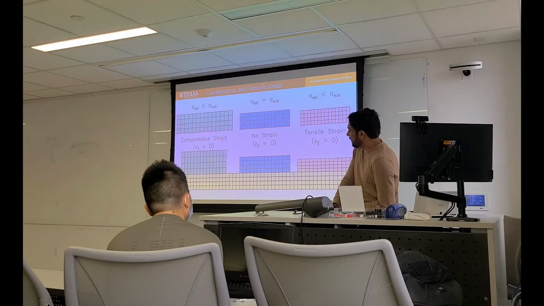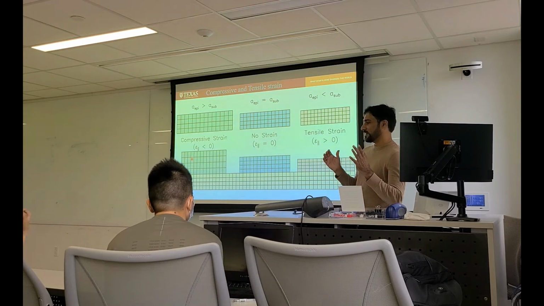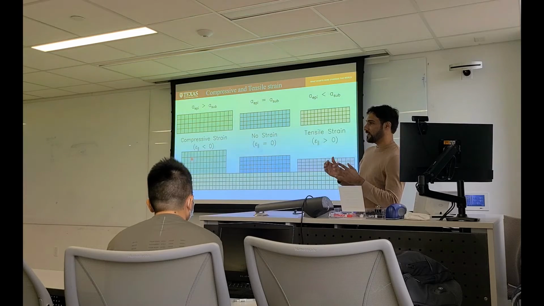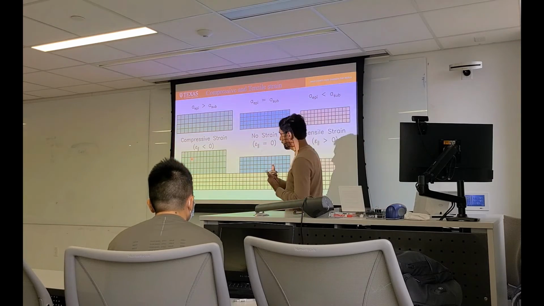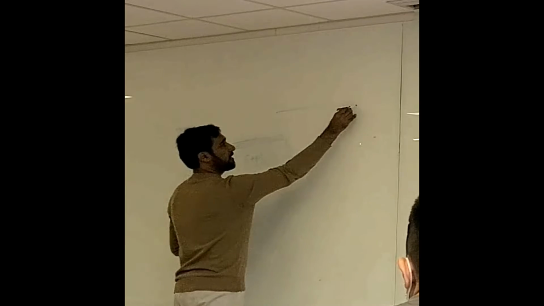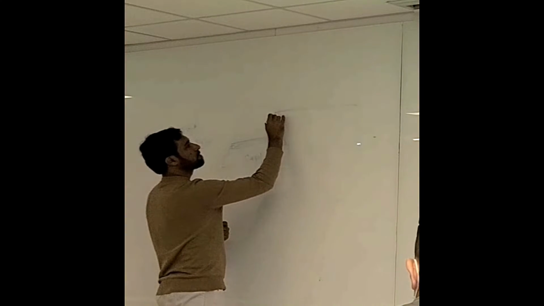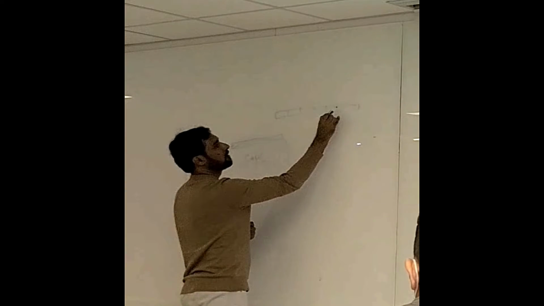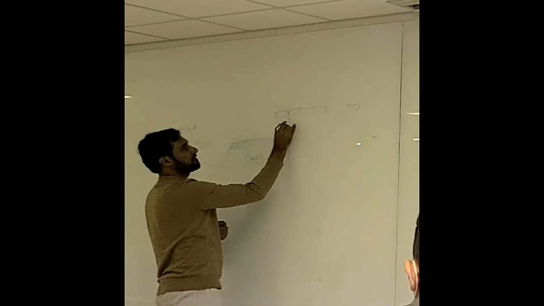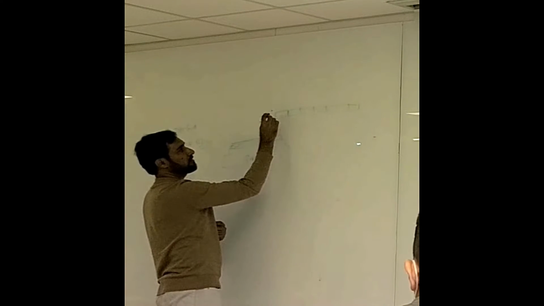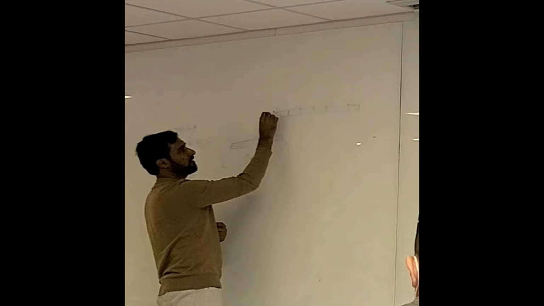When you grow an epitaxial layer whose lattice constant is higher than the substrate lattice constant, suppose this is the substrate, these are the lattice constants. You want to grow your crystal epi layer, but its lattice constant is higher.